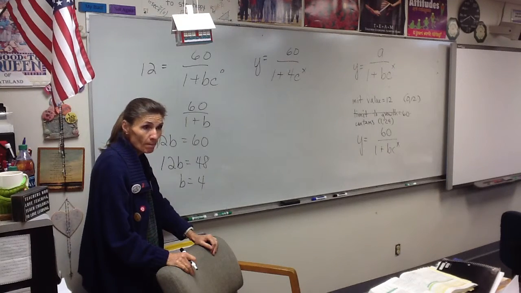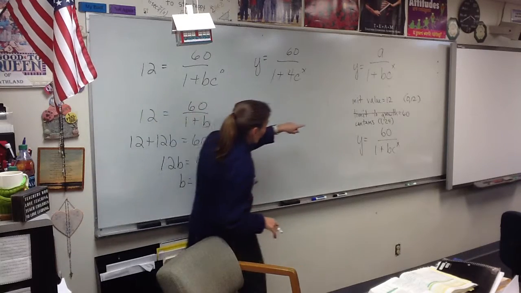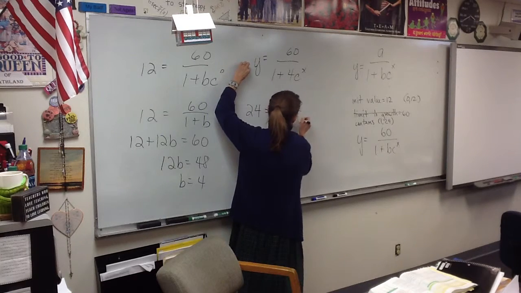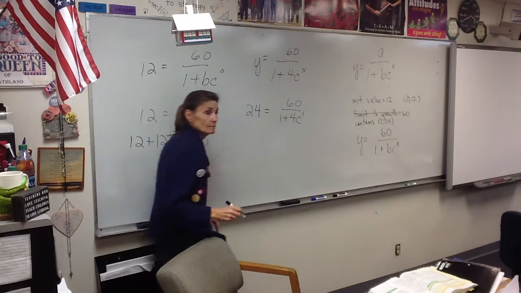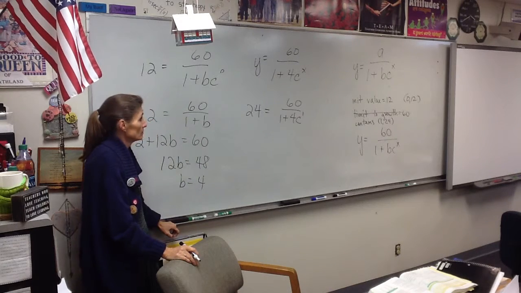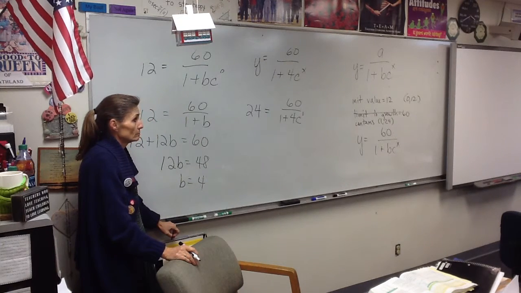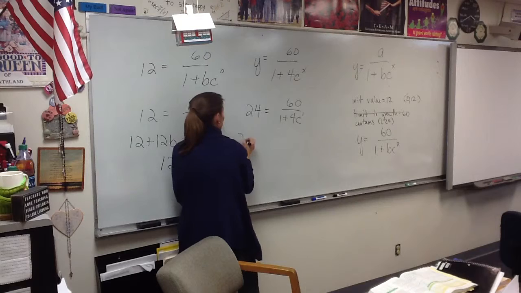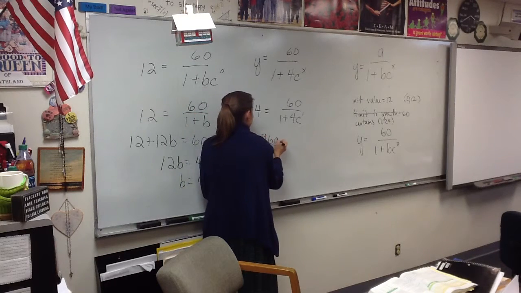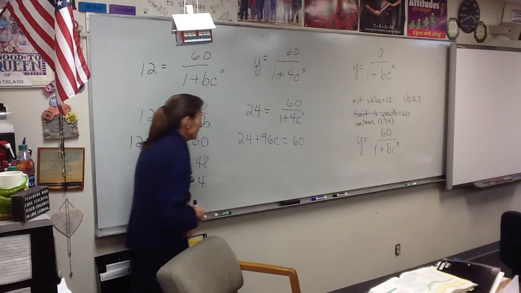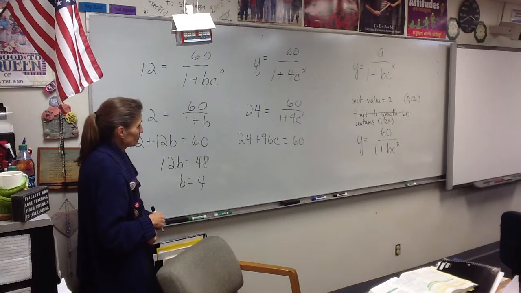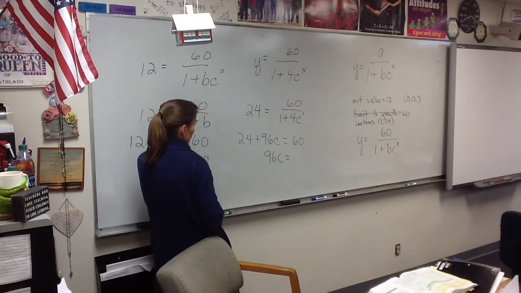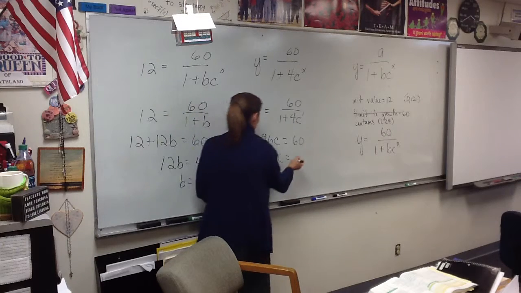What do you think I'm going to do now? Plug in the other point. So 24 for y and 1 for x. Multiply this over here, so 24 plus 96c equals 60. 96c equals, what is that? 36.